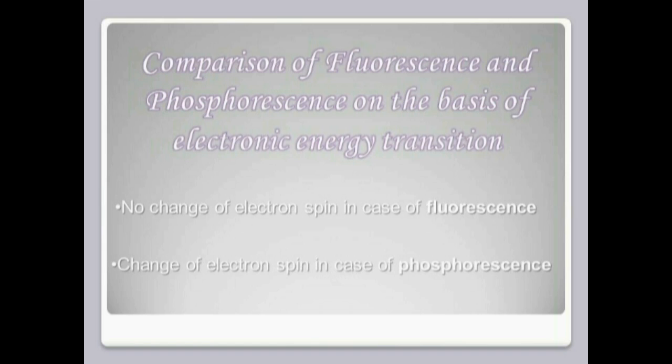Fluorescence differs from phosphorescence in that the electronic energy transition that is responsible for fluorescence does not change in electron spin, which results in short-lived electrons, that is less than 10 raised power minus 5 seconds in the excited state of fluorescence. But in phosphorescence there is a change in electron spin which results in a longer lifetime of the excited state, that is from seconds to minutes.